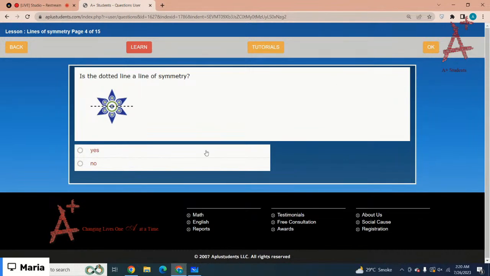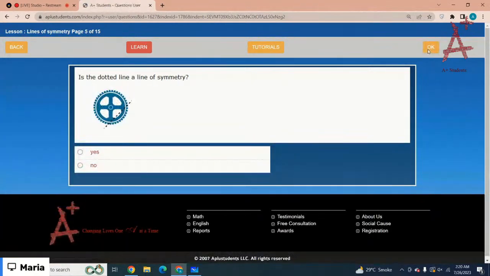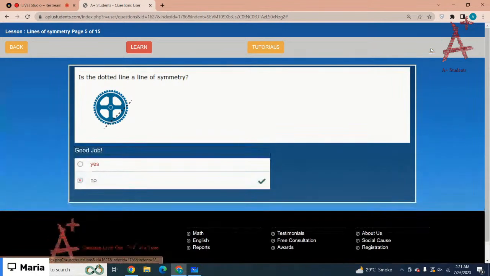So the correct option is yes. Next: is the dotted line a line of symmetry? No, the dotted line is not a line of symmetry. So the correct option is no.